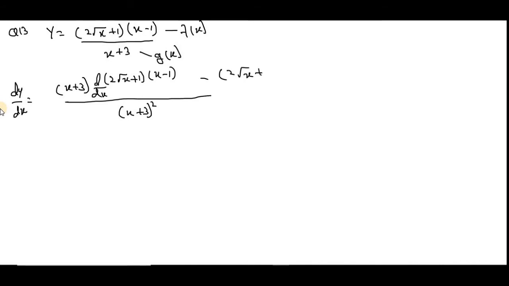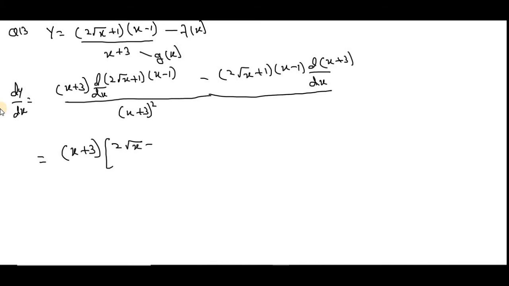Here we will apply the product rule. (2√x + 1)(x − 1), and d by dx of (x + 3). Now if you understand this question, it will be very easy to solve all the complex nature derivative questions.